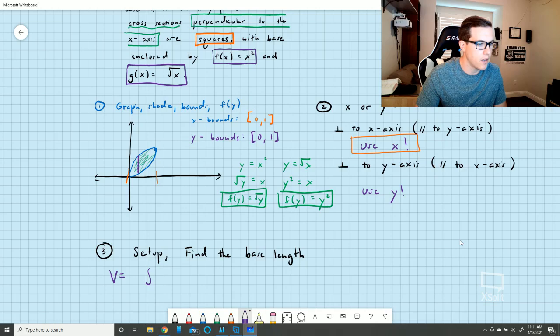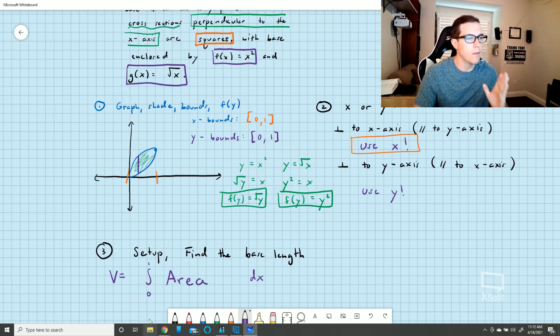So this is where I like to do dx, x bounds. And it always works this way, area. We are going to accumulate the area of a bunch of these little things sticking out at us from where we're starting to where we're stopping. Really, that's what the integral symbol does. It's accumulation, or adding up a bunch of things together. So this is going to accumulate a bunch of areas to give us a volume. That's what we're going to do.